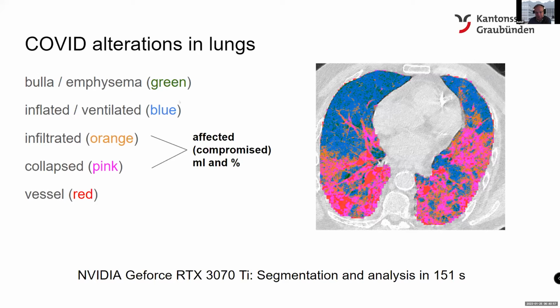The analysis: emphysema is green, ventilated is blue, infiltrated orange. You see it all here. And on a strong desktop PC, segmentation and analysis takes around 151 seconds per case. So you can do all these 80 cases in around 3 hours in a row without touching the computer.